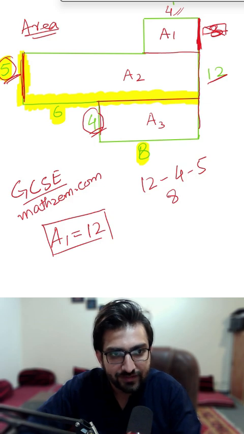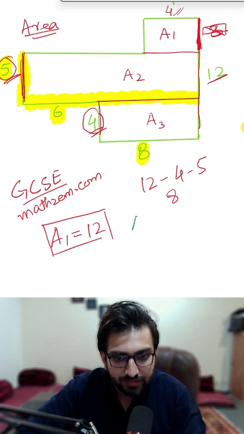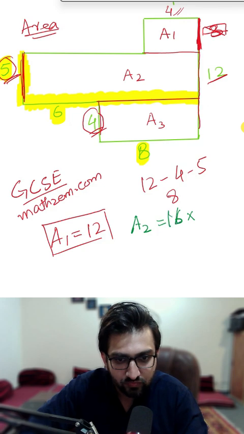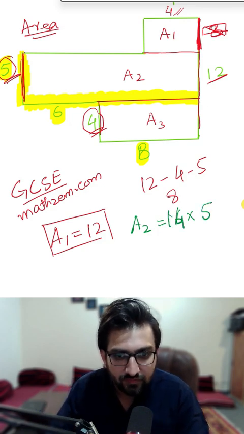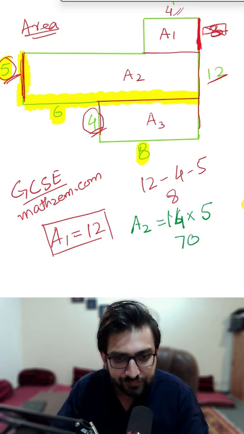So area 2 is equal to 6 plus 8, which is 14. So 14 multiplied by 5 is equal to 70. So area 2 is equal to 70.